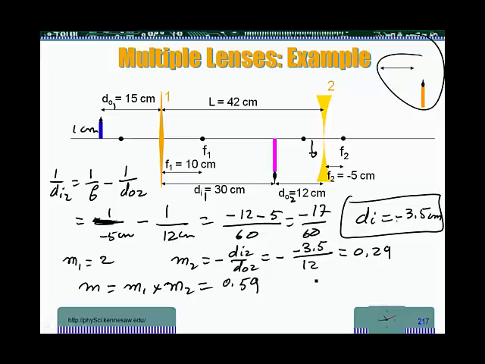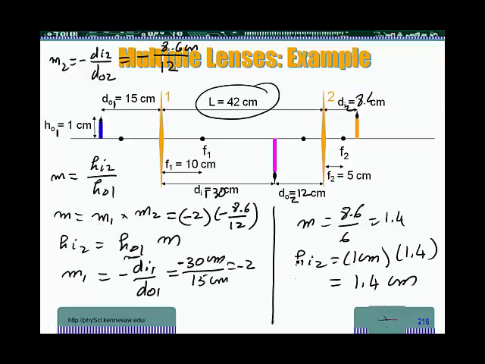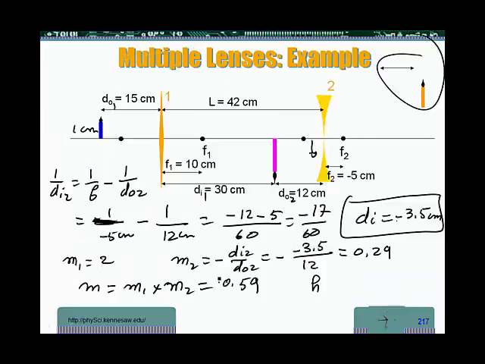And then my image height, like what we did here, I forgot the minus sign here. Remember that M1 is minus 2, not 2.